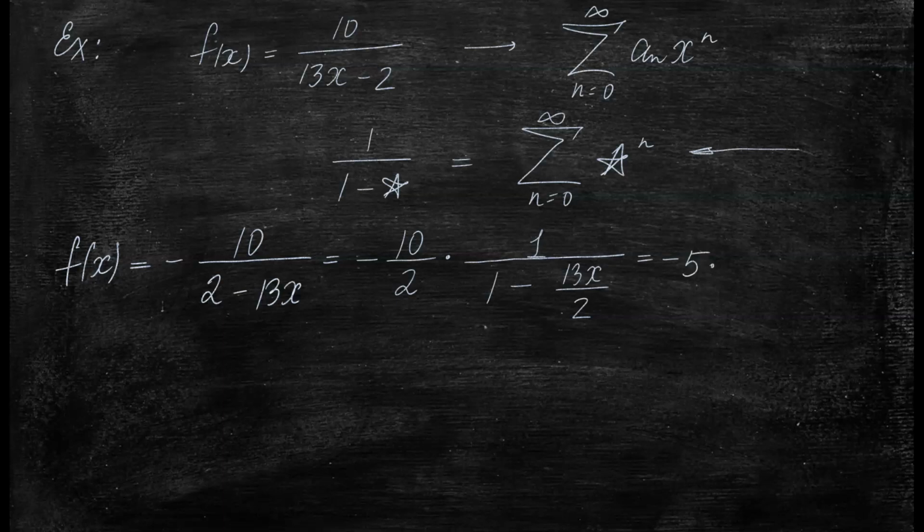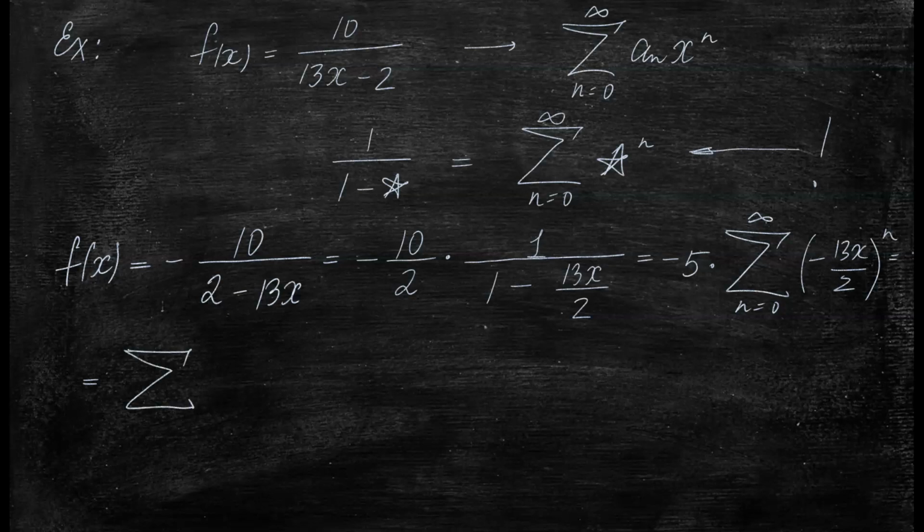And we're going to use this pattern to rewrite the 1 over 1 minus 13x over 2 as sigma of negative 13x over 2 to the power n, and n goes from 0 to infinity. And we did it. So we got this function, and we found a series that acts like this function.